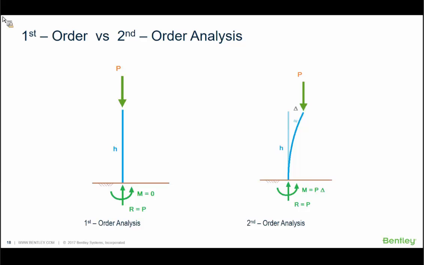The values on the right are those obtained from a second-order analysis, the reactions based on the deformed shape accounting for the stability of the structure. Those are the forces for which the member should be designed. So this illustrates what we're talking about when we refer to a first-order analysis or a second-order analysis. And you can imagine from this that the failure to consider stability and the second-order effects could be dangerous.